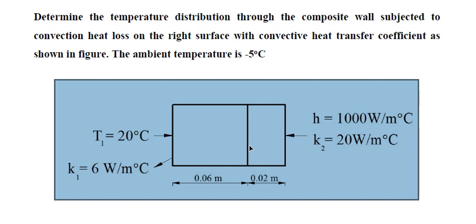You see, FEA is a numerical technique. We are solving only for numbers, but at the end we have to write the unit because temperature has a unit. So we will maintain these units in our analysis: temperature in degree centigrade, length in meter, and power in watt.